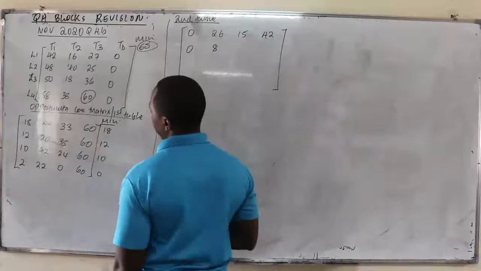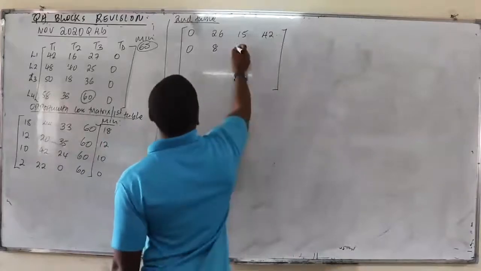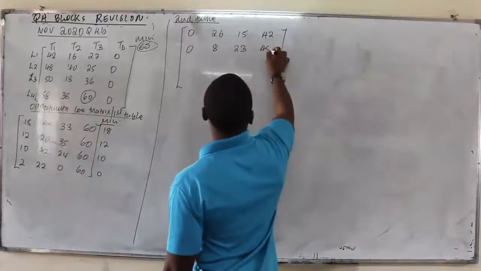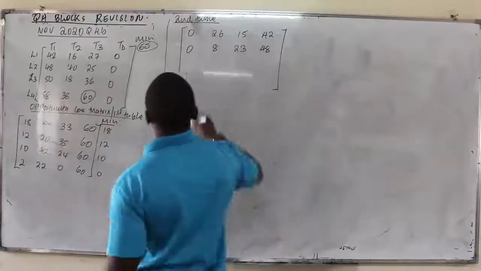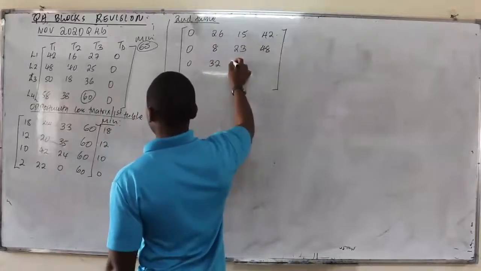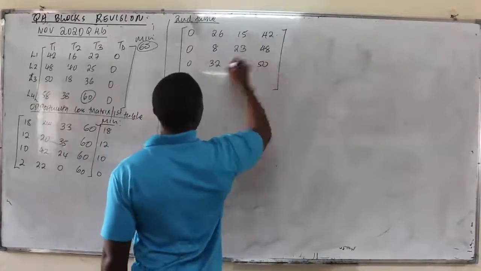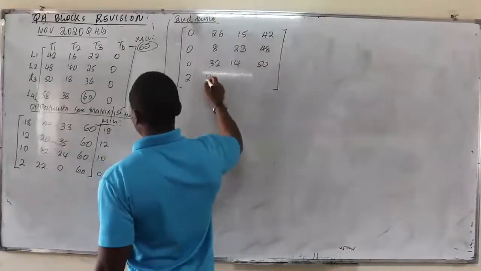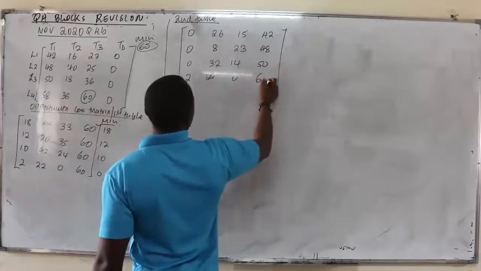Then 60 minus 12, you get 48. 10 minus 10, 0. 42 minus 10, you get 32, and you get 50. 2 minus 0, 2, 22, 0, and 60.